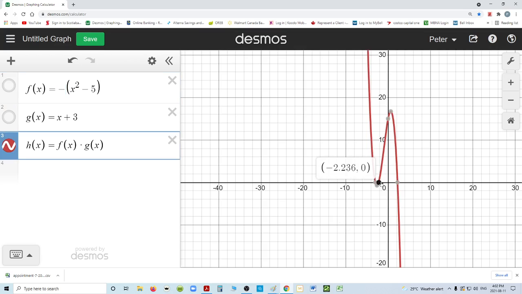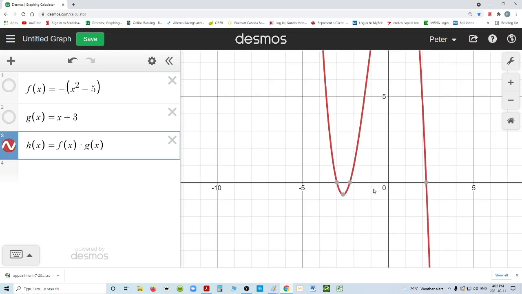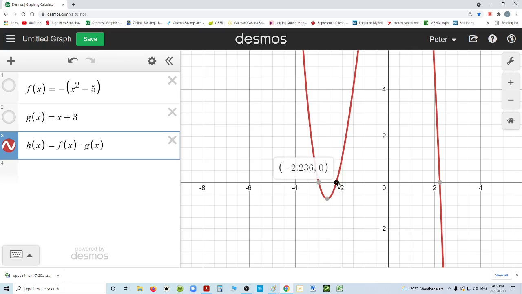Sure enough, they're going to share the same dot at both the square roots. That's something I should have figured out. They're going to share the same dot at 0 at the square root and at minus 3, and then again at the positive square root, because that's where the parabola and the line cross the x-axis. So there's something to note.